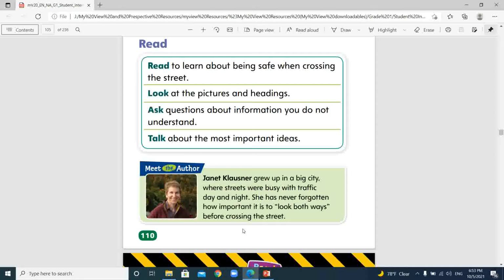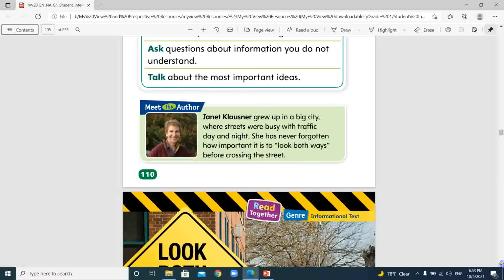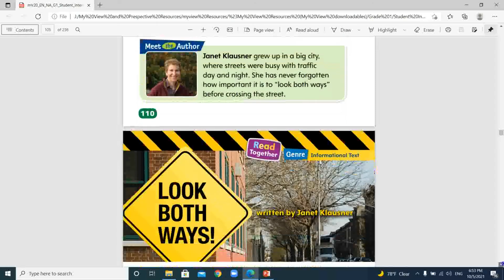Okay? She said that there was so much traffic in her street that she always had to look left and right before crossing. Remember what we said in class? Why do we need to look right and left? So we don't get hurt and we can cross the street safely.